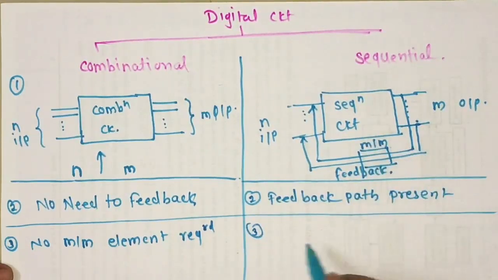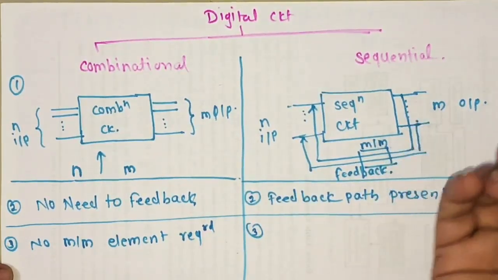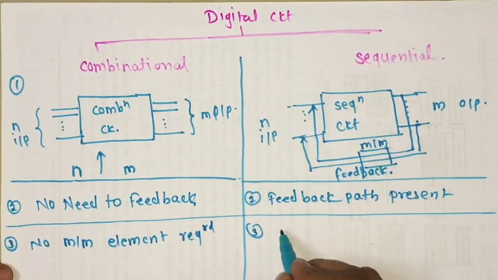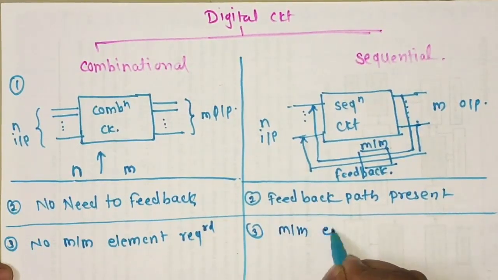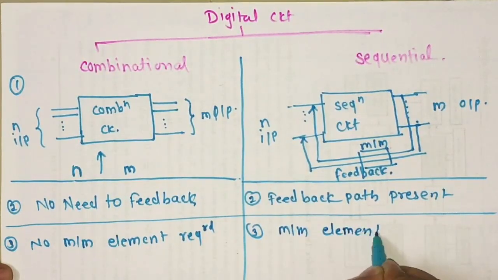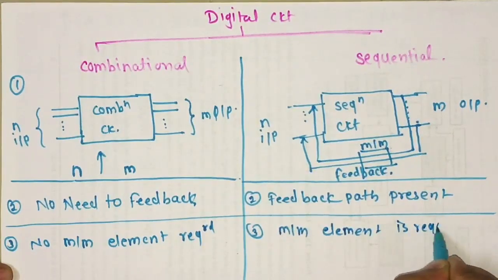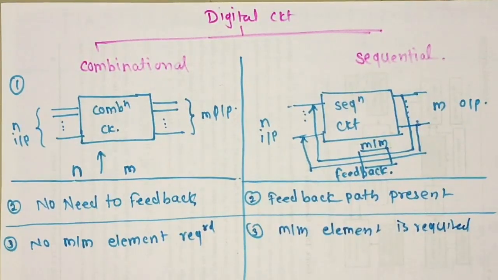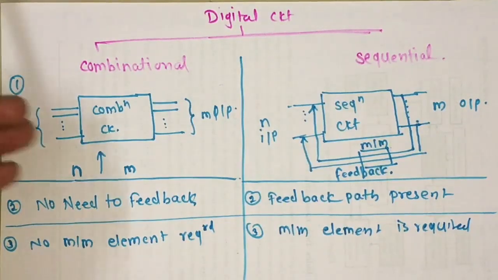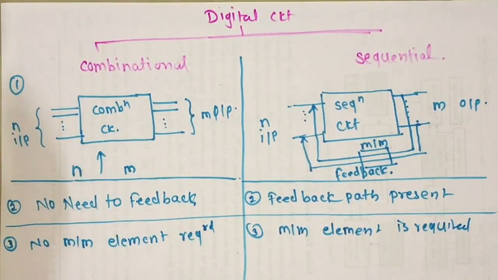For the sequential circuit, the output depends on past outputs, so the memory element is required. That is the main difference between these two types of circuit: combinational circuit and sequential circuit.